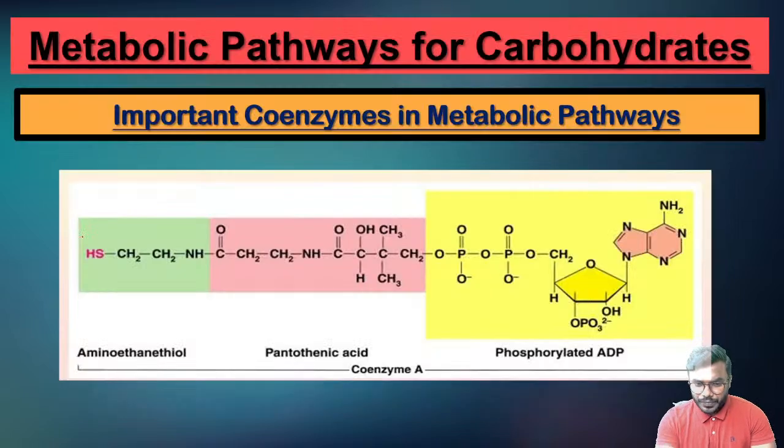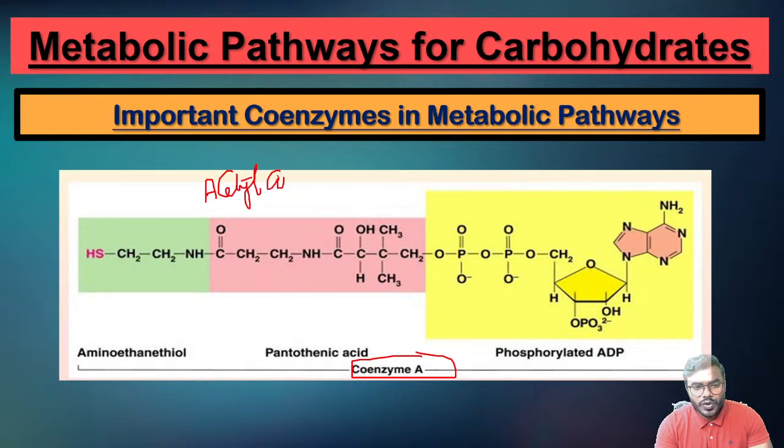Simple point. Now, what I want you people to remember is the structure of coenzyme A. You know, no friends, we call it acetyl-CoA. Can you imagine any metabolic pathway without acetyl-CoA? Understand my words. Can you imagine any kind of metabolic pathway without acetyl-CoA? No, that is not at all possible, right?